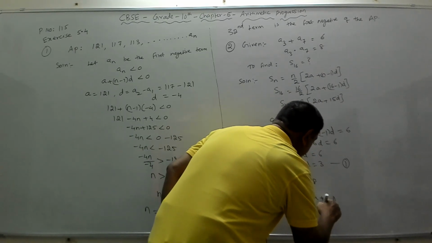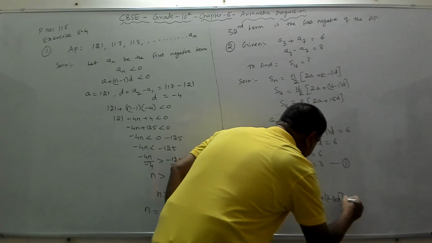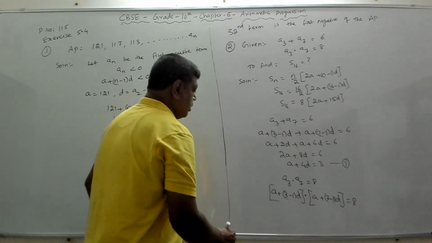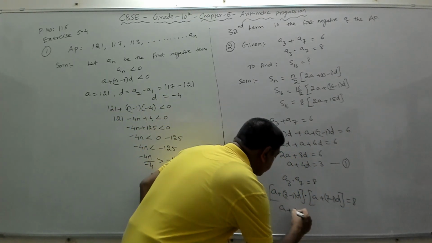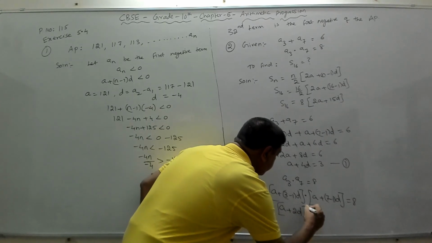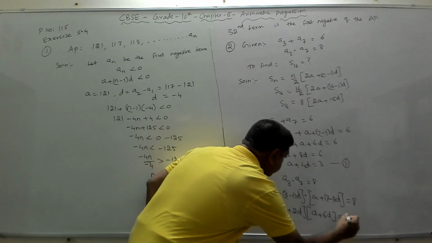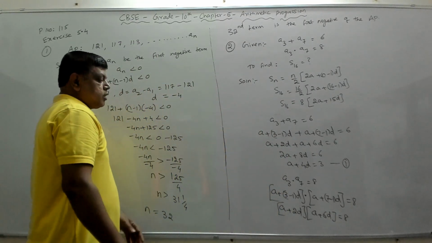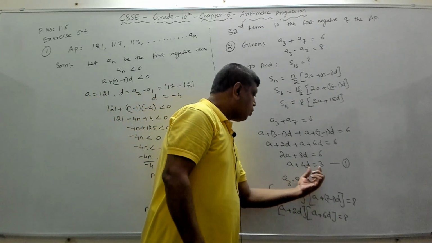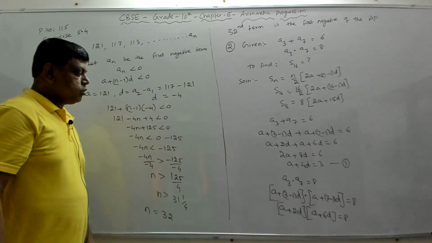So this becomes (a plus 2d) into (a plus 6d) equal to 8. That is what is given. And we have a plus 4d as 3. So this is your second equation.